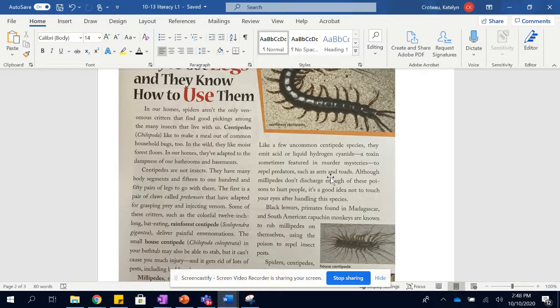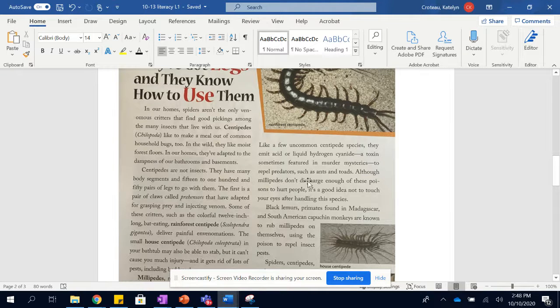It comes out. Like think of a spray, like when you spray that stuff in the air to make the room smell better. Room spray. It sprays out, and then when that sprays out, that acid or liquid hydrogen cyanide is in the air, and it makes the predators leave, essentially.